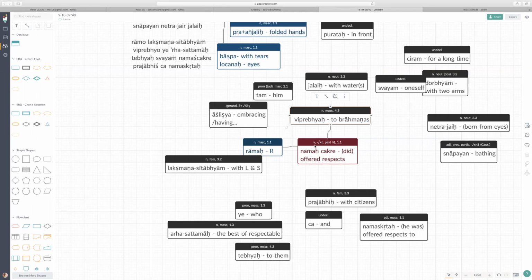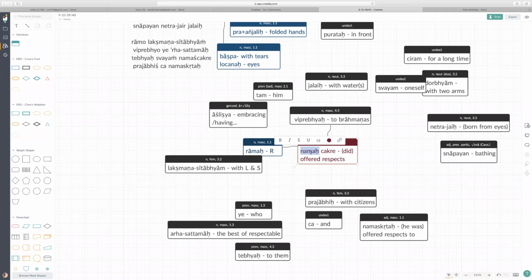Then you will see that one of the meanings of the fourth case comes when there is usage of words like namas, namaha, okay? That's why we say namah shivaya, not namah shivam. We say namah shivaya, chaturthi, fourth case, because of this very word, namas, namaha. In the same way, you cannot say namaha vipran.